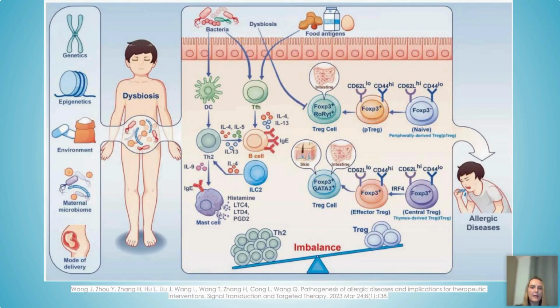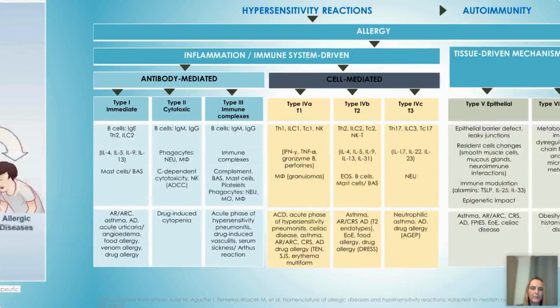So there's an imbalance between the Th2 cells and the T regulatory cells. And the food antigens and bacteria also causes the T follicular helper cells to increase the B cell production and increase IgE production under the influence of interleukin 4 and 13. And this causes then allergic disease.